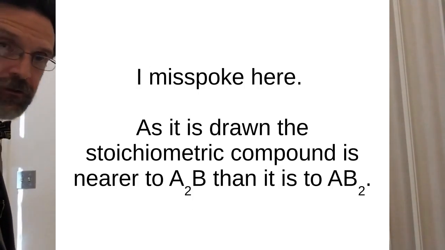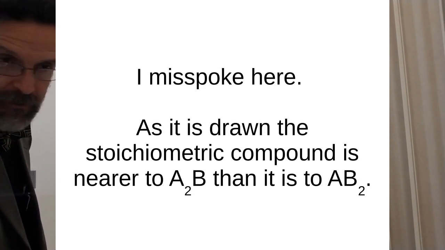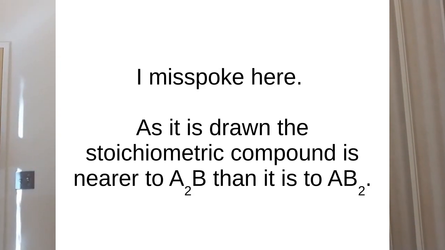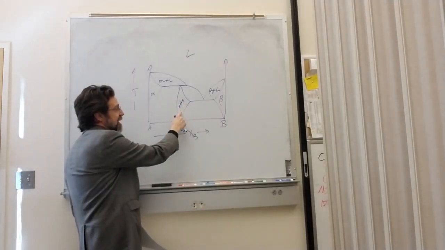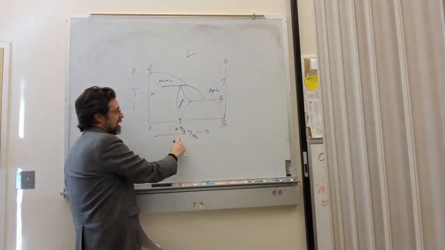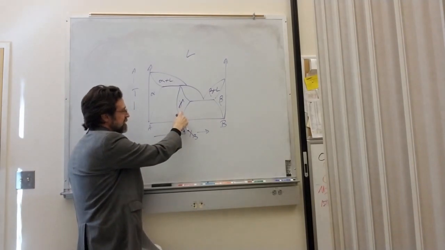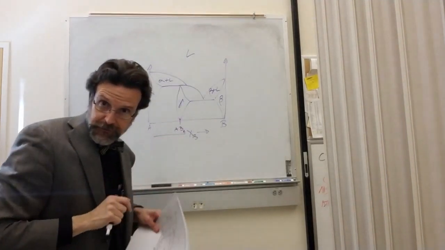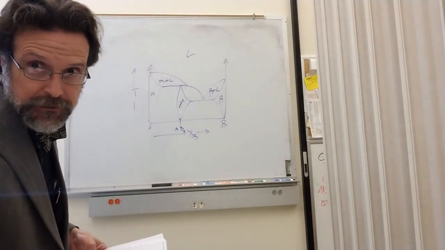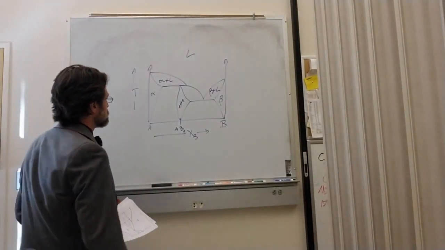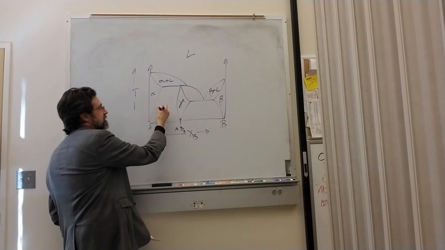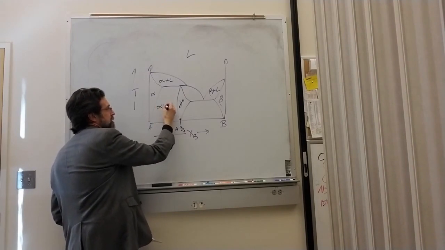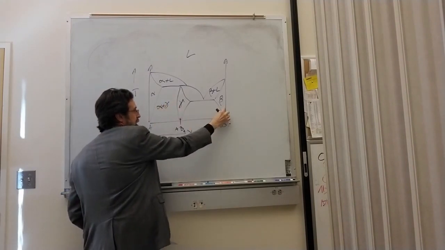So two atoms of B for every one atom of A, and that forms a different crystal structure. And it has a width to it, meaning that it makes AB2, but it can take a little bit of A, and it can take a little bit of B. It's a solid solution.